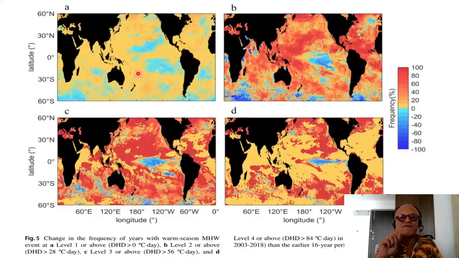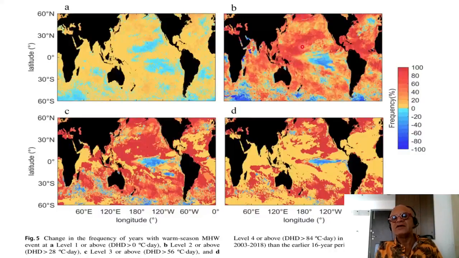So anytime you have one exceedance, you immediately cross the 0 value of degree heating days, and you can see that large regions have positive trends in frequency percentages, but there are of course these patterns which have negative, again maybe related to the thermostat effect or the natural modes as well. In B, we are looking at level 2 or above, so greater than 28 degrees C days, or what NOAA would call degree heating week of 4.